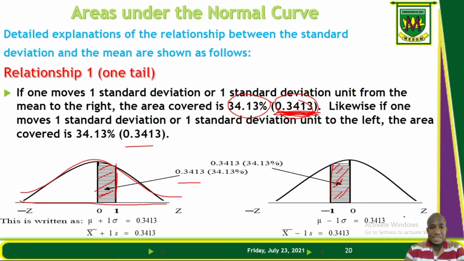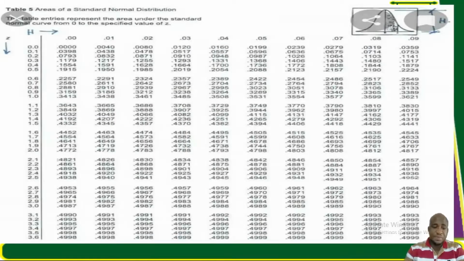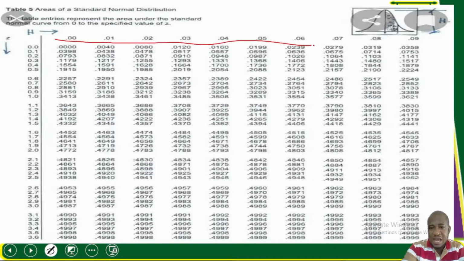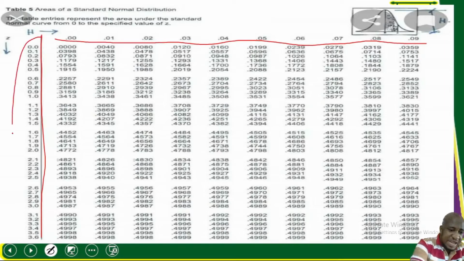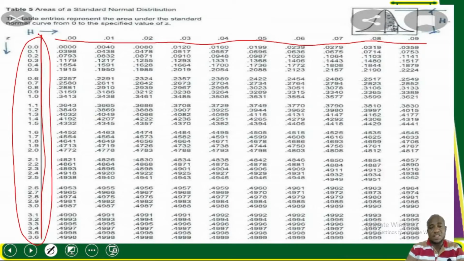So this is the first relationship, one-tailed, when we are moving one standard deviation unit, as was presented to you in a summarized form. Let's move to the table and see how we can search for that value. On the table, we have the titles on top, and the information behind the vertical line is also another set of titles, which will help us know the corresponding values for the various movements on the units we have covered.